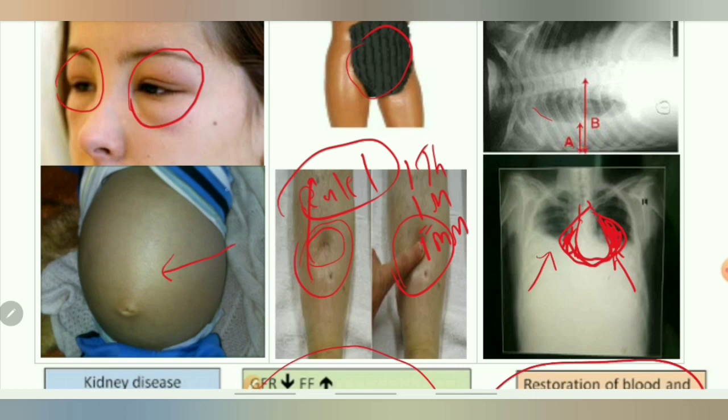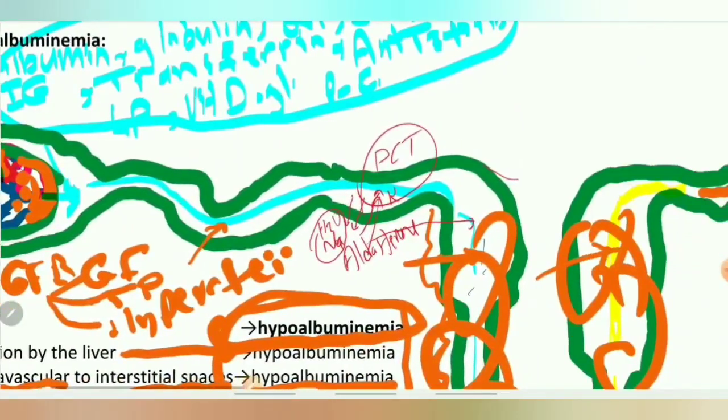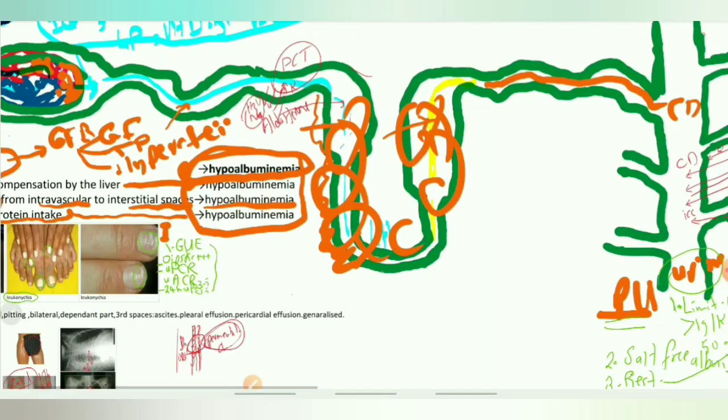That's why you need to rest the patient, and we need to limit fluid intake, limit salt intake, and give diuretics. We should think of diuretics initially that work on the loop of Henle, that is to say loop diuretics.